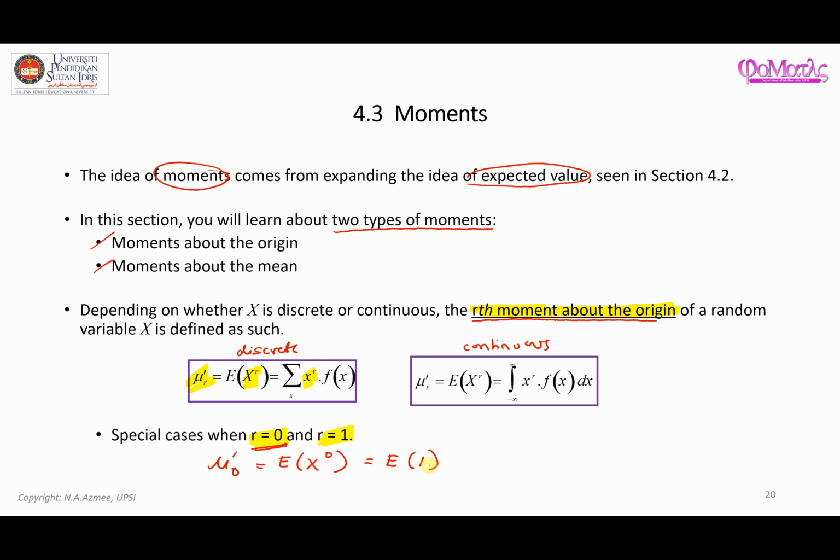So this becomes a constant, and the expected value of a constant is just 1. This is a special result when r is 0.